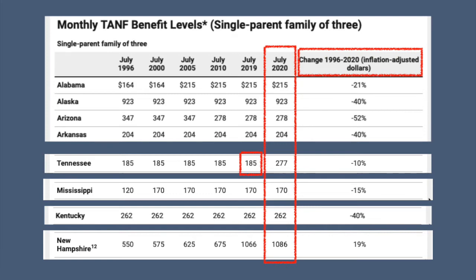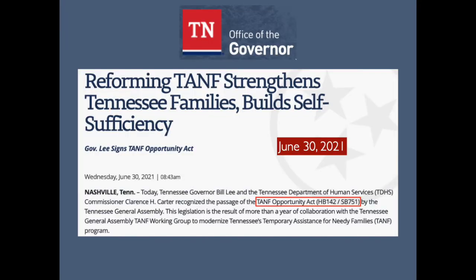We look at the 277 number, but it's important to note, as I said early on, policy can change at any moment. And at the time of recording this video, policy just changed a few weeks ago. Specifically, June 30th, 2021, the governor's office, Governor Bill Lee, put out a news release announcing that Governor Lee had signed the TANF Opportunity Act.